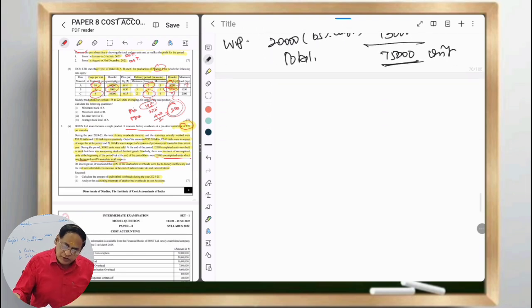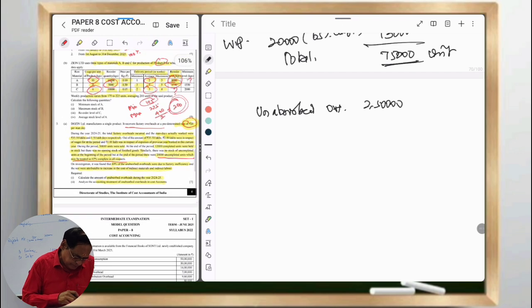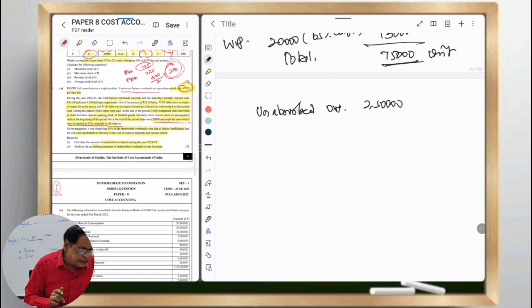And then once again, please see, supplementary overhead we have to find out. Before that, out of the unabsorbed overhead of rupees 2,50,000, in the question itself, 40% were due to factory inefficiency.